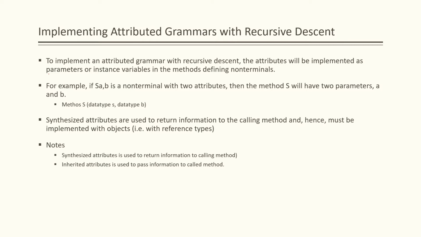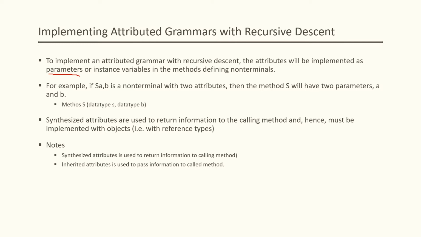Okay, so the attributes that we declare, P, Q, R, S for example. If you look into the previous example, I have put the attribute in subscript form. Attribute is represented in subscript form.